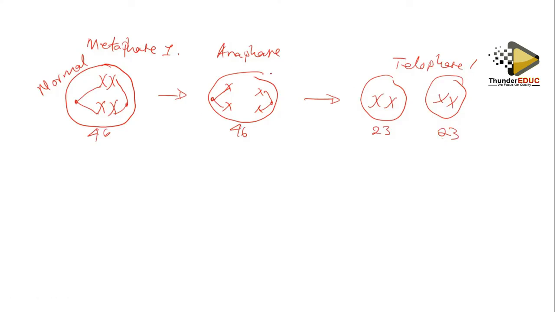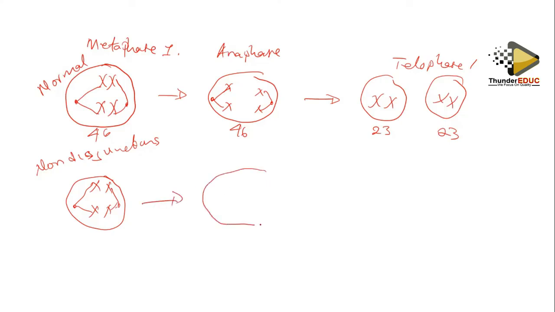But if non-disjunction occurs, what happens? In metaphase, the chromosomes will be fine like that. But when they go to anaphase, because we said it fails to separate during anaphase, if it's a human cell with 46, what is going to happen is that the whole set is going to go to one side.